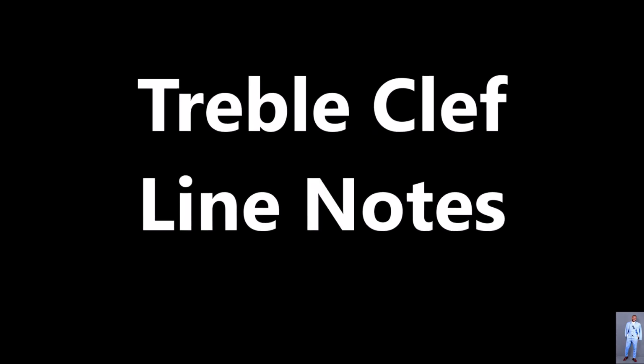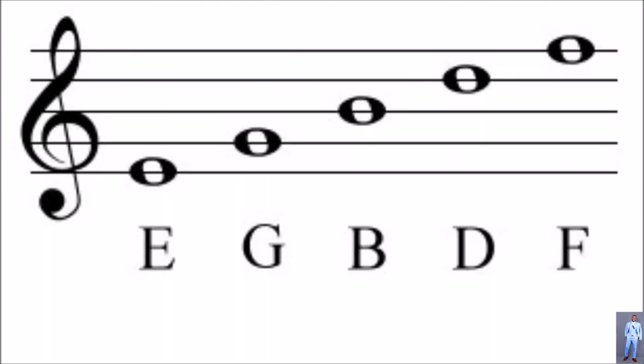Now let's have a look at the line notes. On the first line we have note E, on the second line G, the third line B, the fourth line D, and the fifth line F. We have the notes E, G, B, D, and F on the treble clef lines.